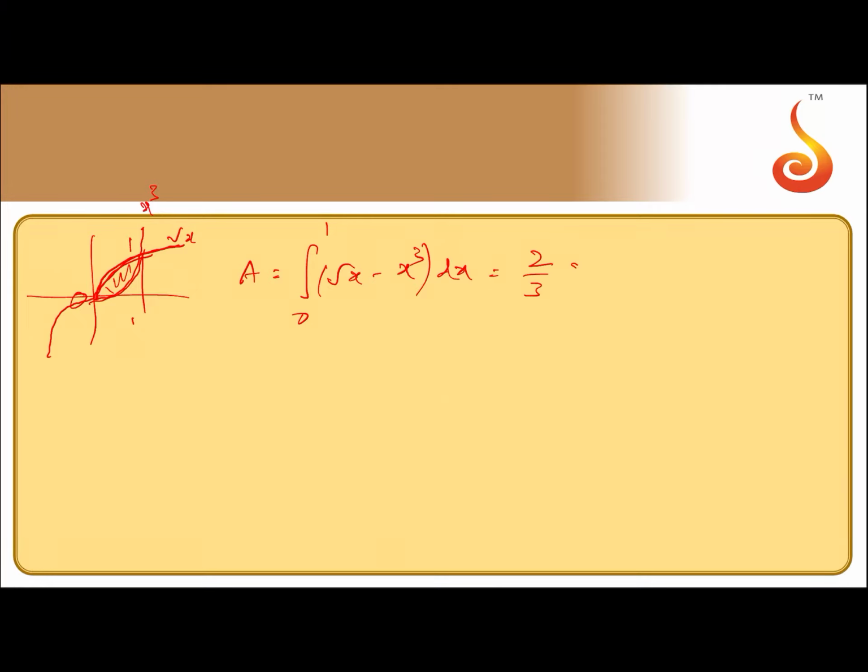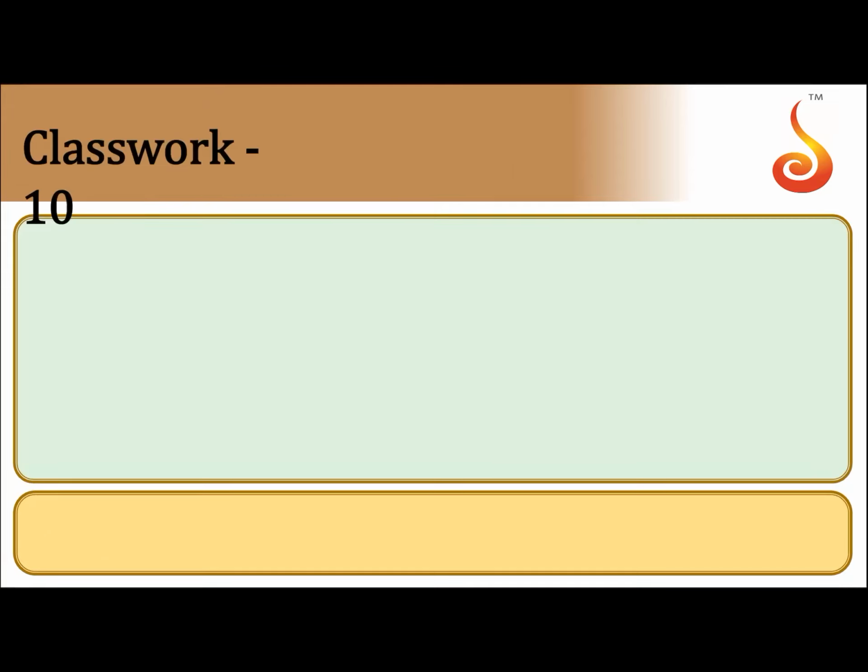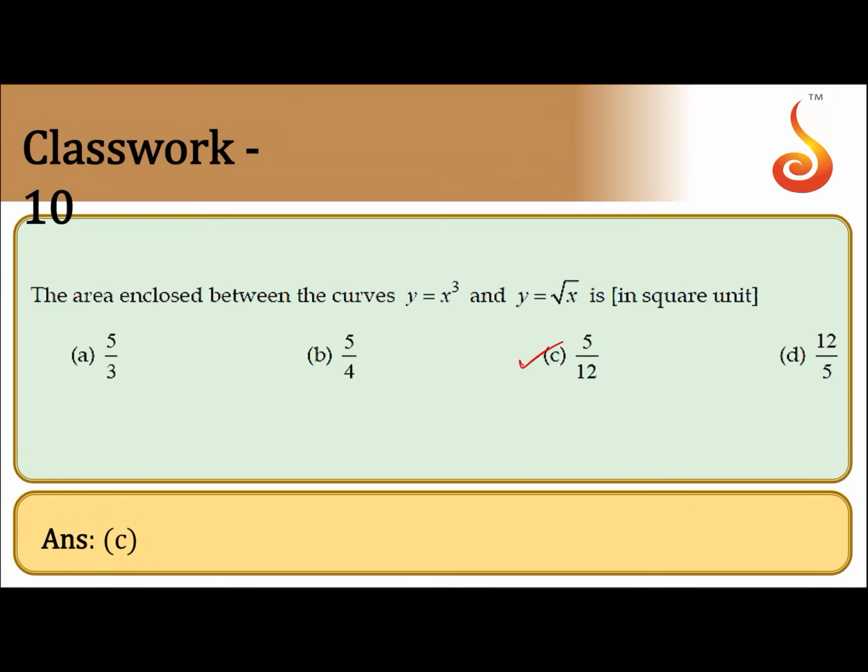This is 2 by 3 x root x minus x power 4 by 4, with limits from 0 to 1. Substituting 1, we'll be getting 2 by 3 minus 1 by 4, which is 8 minus 3, 5 by 12. The answer for this one is 5 by 12, so C option.